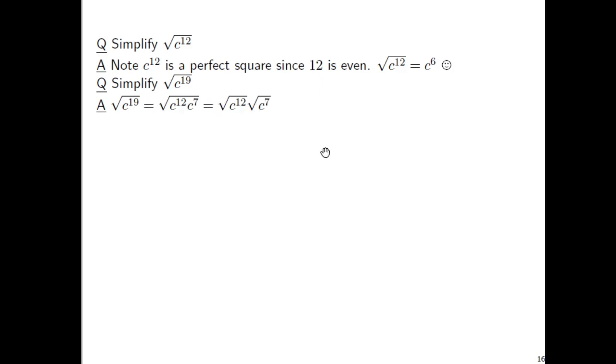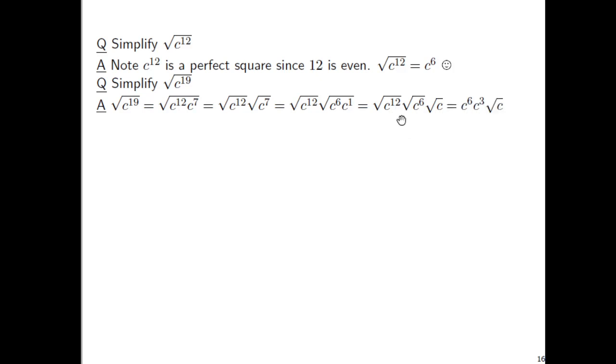And you can split this up using the formula. So root c to the 12th times root c to the 7th. The c to the 7th inside the radical can become c to the 6th times c to the 1st. And then we can split that second radical, root c to the 6th times c to the 1st, into root c to the 6th times root c to the 1st. And now we've got these three things multiplied together.